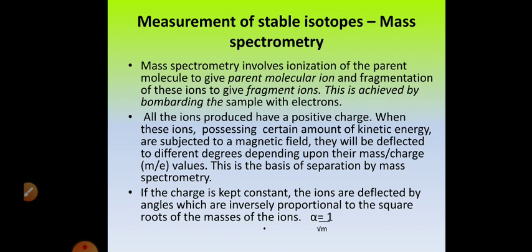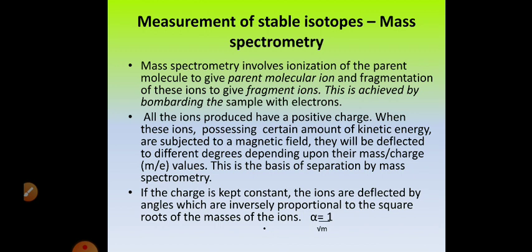Now, measurement of stable isotopes by mass spectrometry. Understand the steps. What is the mechanism? Mass spectrometry involves ionization of the parent molecule to give the parent molecular ion, and fragmentation of these parent molecular ions to give fragment ions.